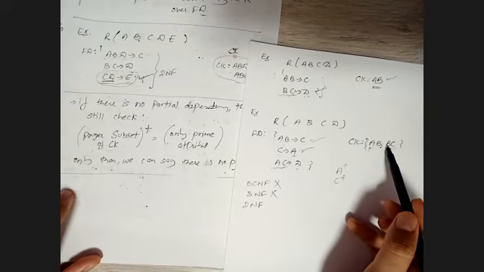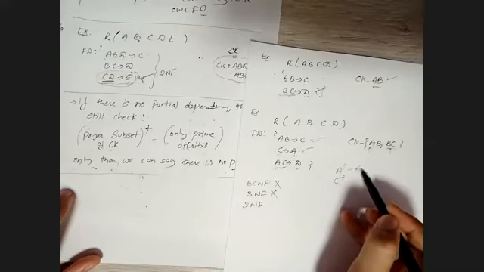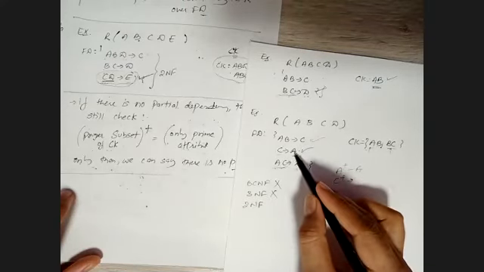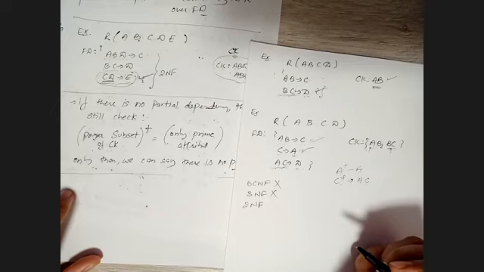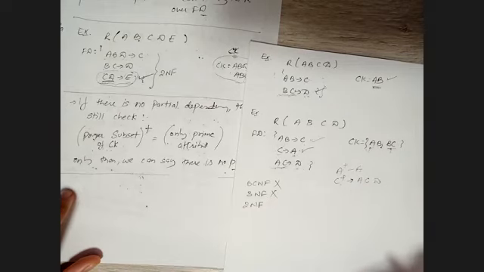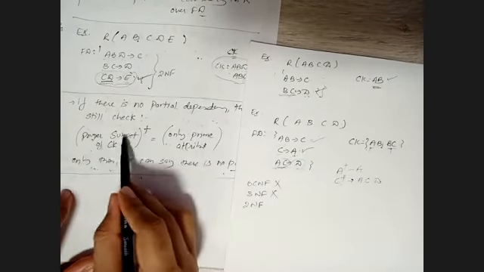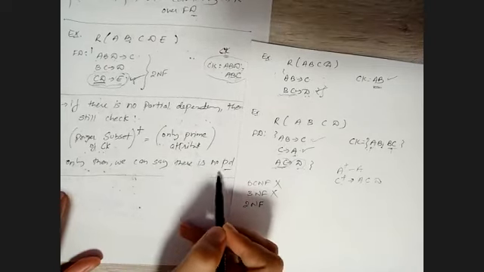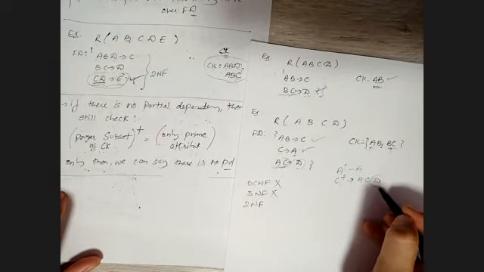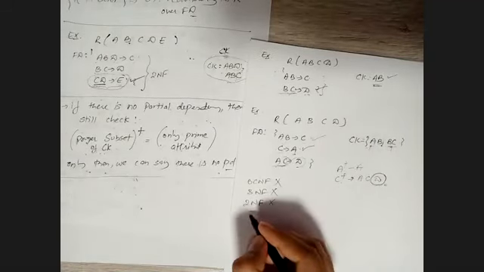B closure is also there, but if you find out independently the A closure and C closure, A gives A only, and C gives A, that is AC, and even this gives D also. See, AC gives D also. If a proper subset of a candidate key identifies only prime attributes, then we say it's not a partial dependency. But D is not a prime attribute. That's why this is not even in 2NF. This is only in 1NF.